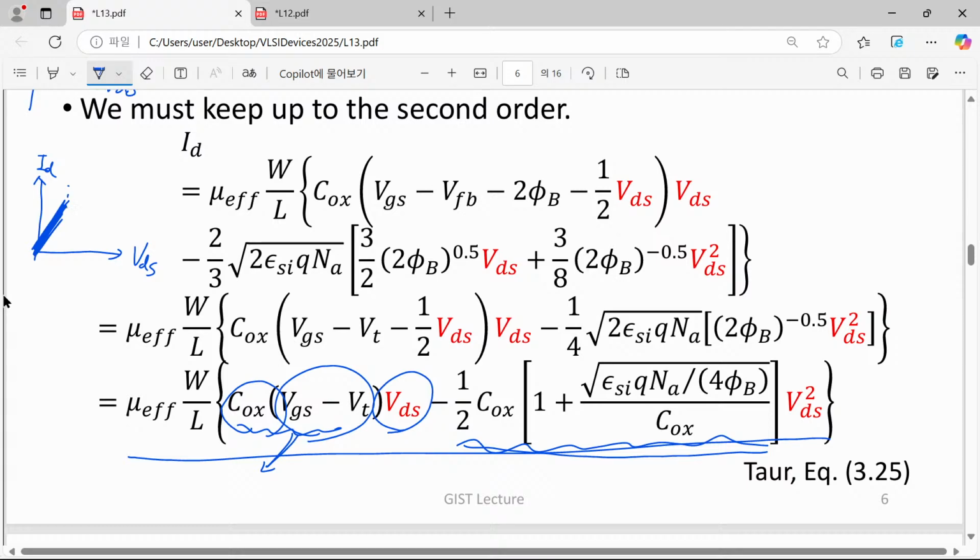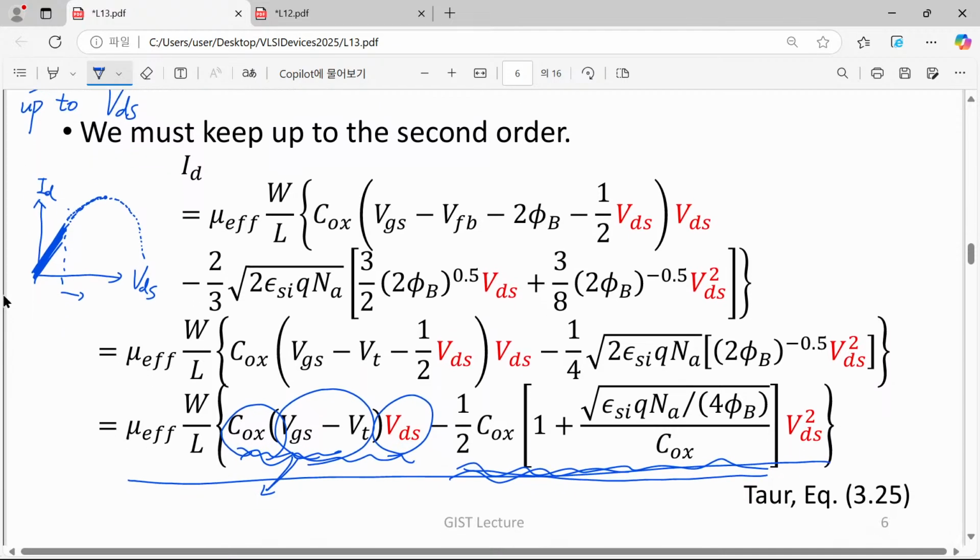However, if we go to a moderate value of VDS, then the first term and this second order term are comparable. So what we can expect is a decrease in its slope, and eventually it will become flattened and go downward once again. That is the expected behavior of this parabolic relation.